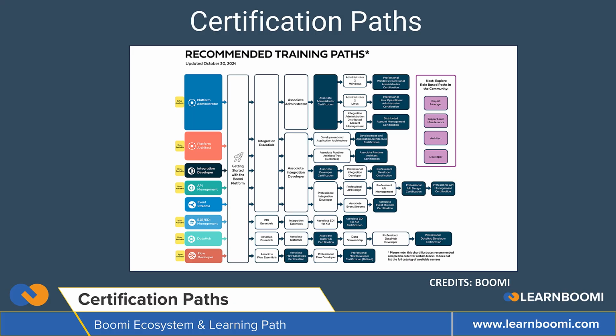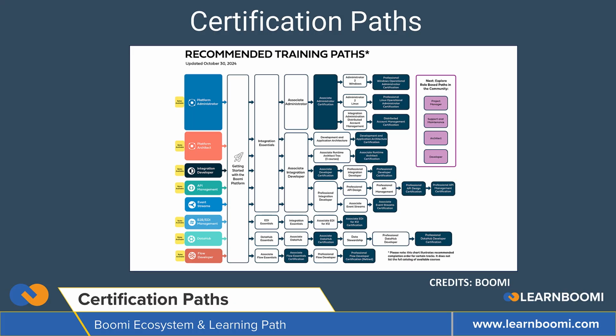For administrators, the path includes associate administrator, administrator 2 which is Windows or Linux, professional administrator Windows or Linux, distributed account management certification. For architects, the path includes development and application architect, associate runtime architect track, associate runtime architect certification and professional architect certification. These roles are typically for experienced professionals, not for beginners, but it's good to know where your career can grow.